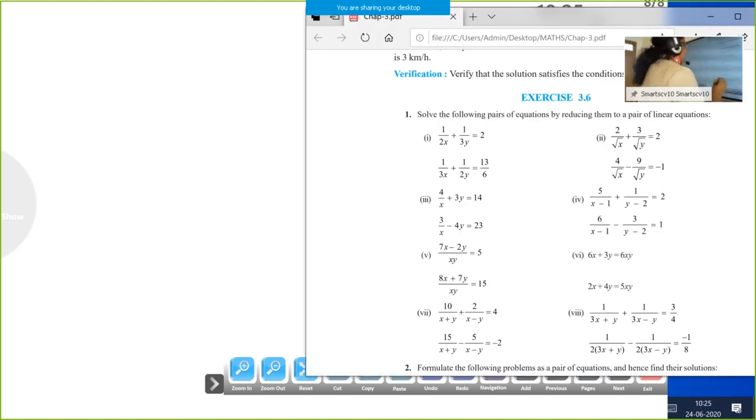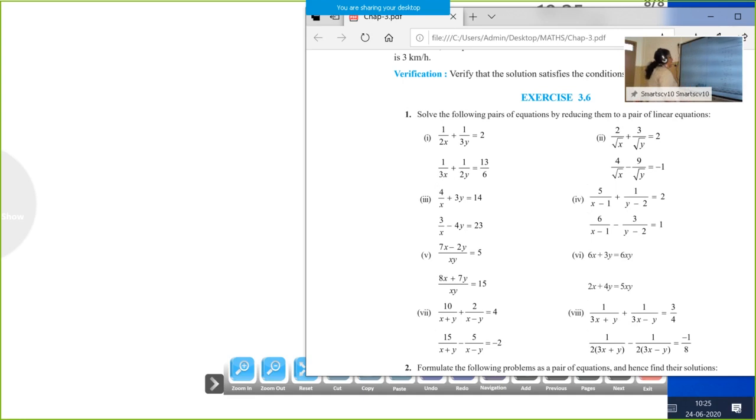The next question, listen, next question number 6. 6x plus 3y is equal to 6xy, and 2x plus 4y is equal to 5xy. As the xy term is there, that means divide throughout by xy.